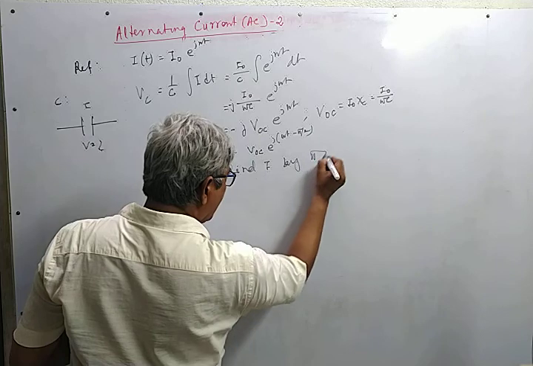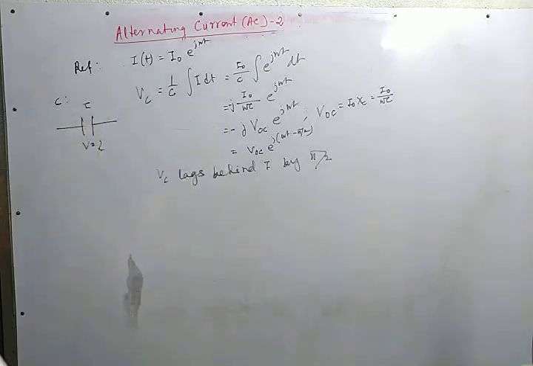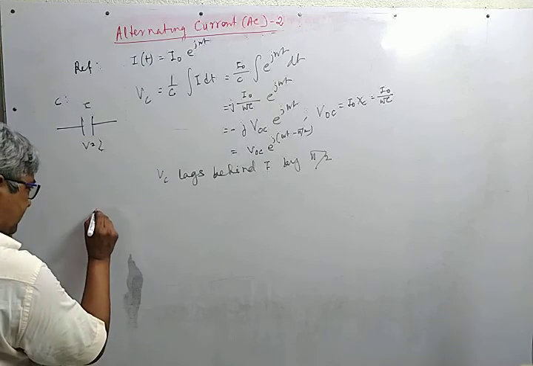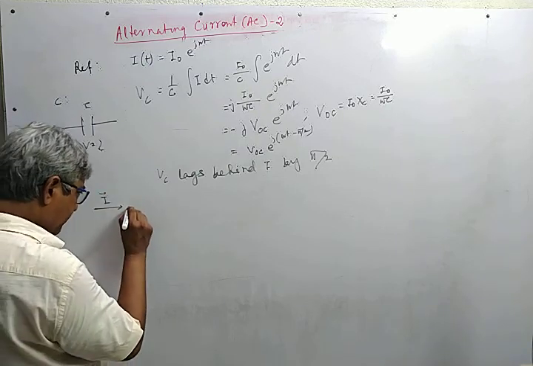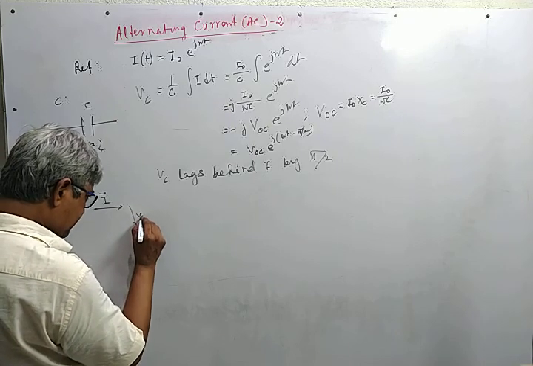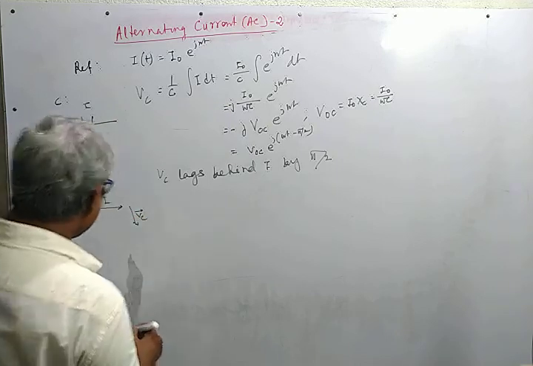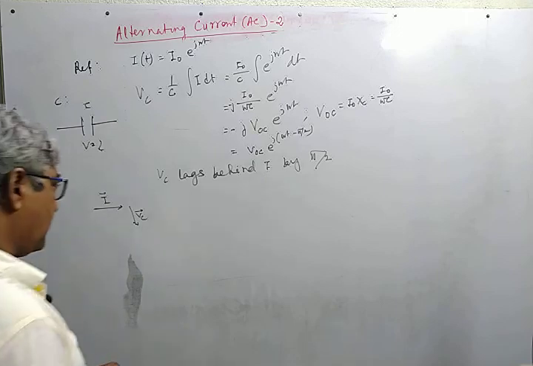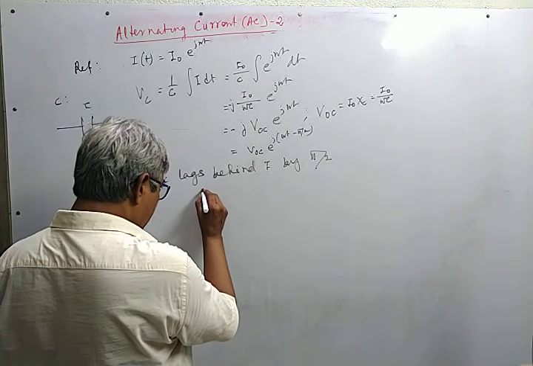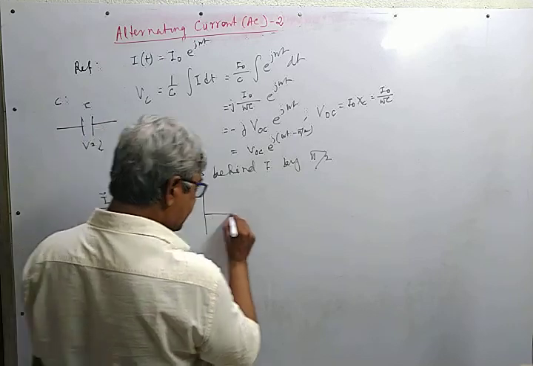by pi by 2. The phasor diagram would be, if this is the current phasor, the corresponding Vc phasor is this. The graphical representations of the current, voltage and power are denoted by this.